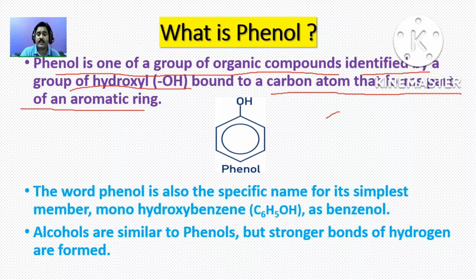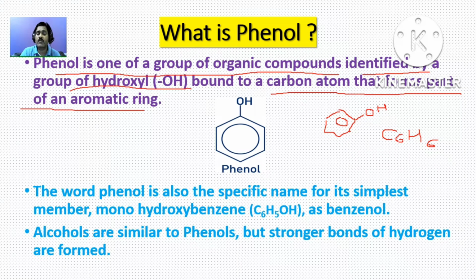An aromatic ring is a closed ring in which carbon atoms are combined in the form of a ring like that. It is the benzene ring, with the formula C6H6. If one hydrogen atom is removed and we add OH here, then it forms phenol.